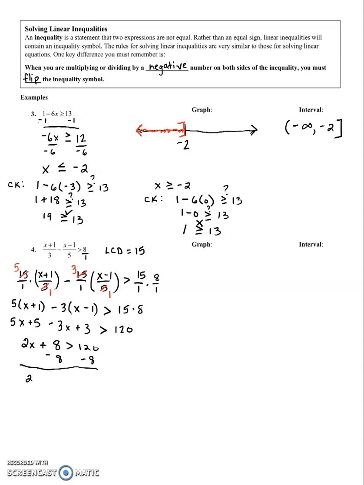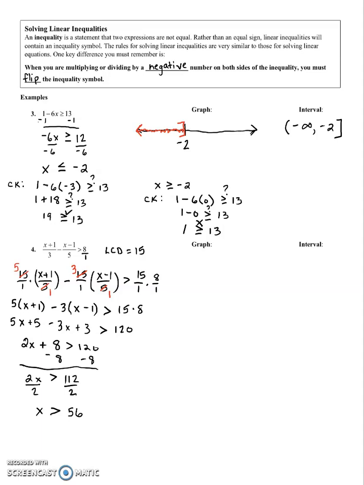And that leaves us with 2x is greater than 112. And then divide both sides by 2. So x is greater than 56. Now, I did not flip the inequality symbol this time. Why? Because I divided by a positive number, not a negative number.